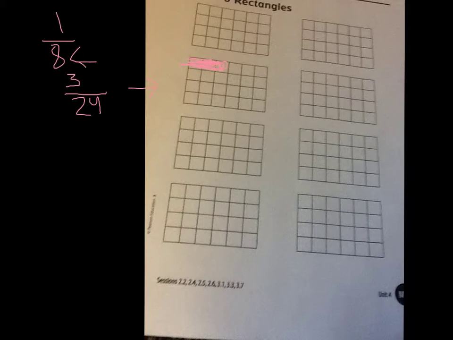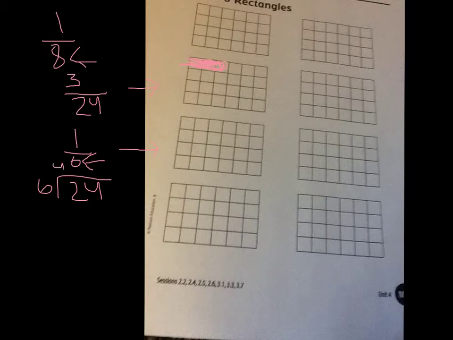Now let's try a different fraction. Let's try maybe 1/6. So we can do the same thing. We take the denominator from here, which is 6, and the denominator from the grid, which is 24, and we do 24 divided by 6, which most of us know is 4.